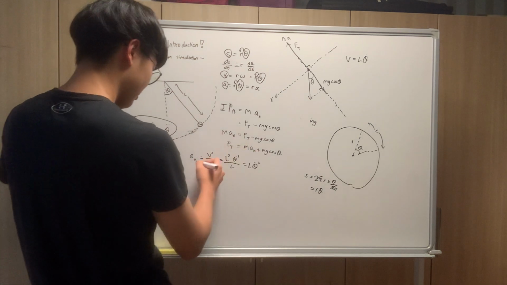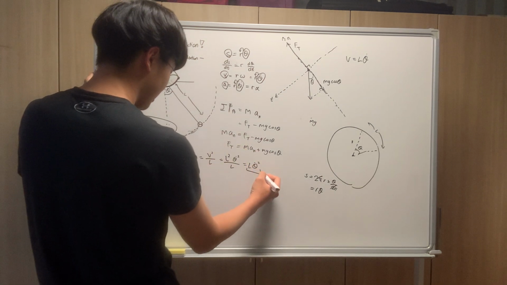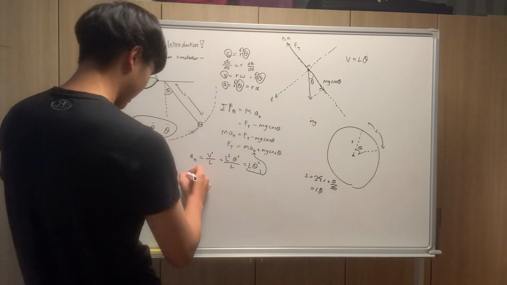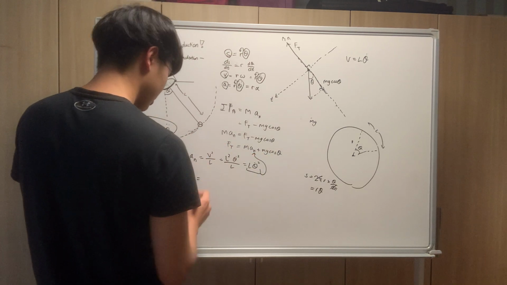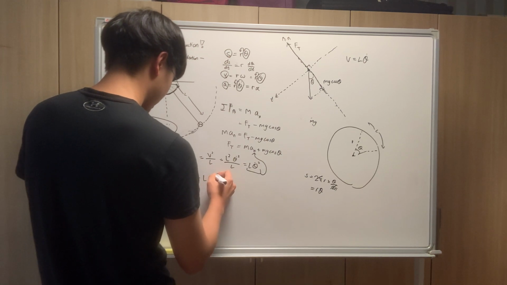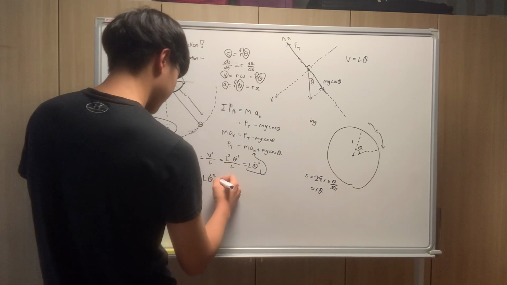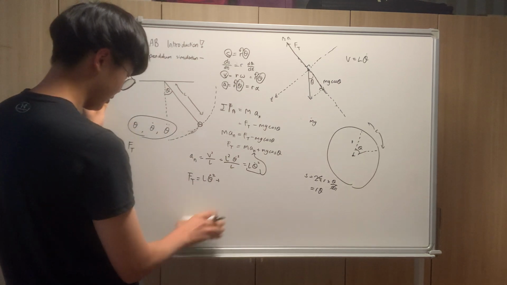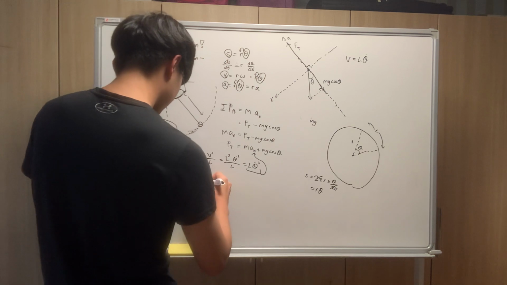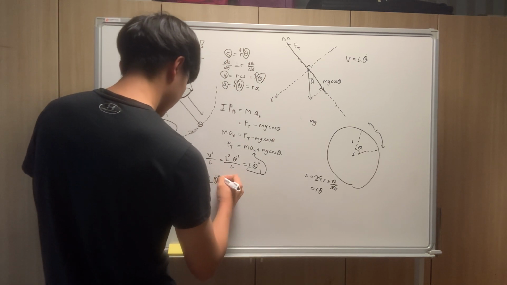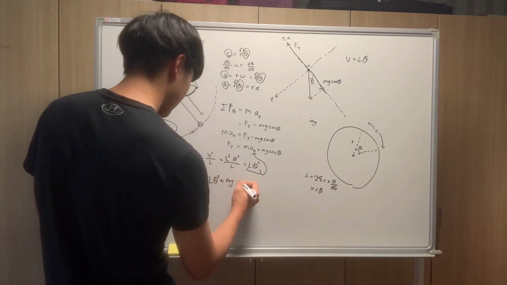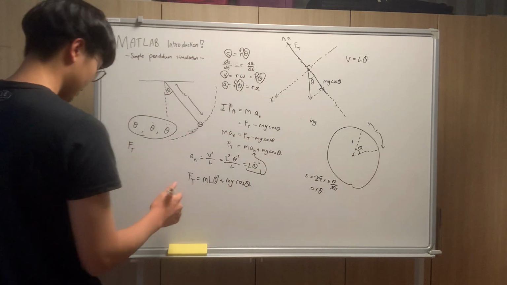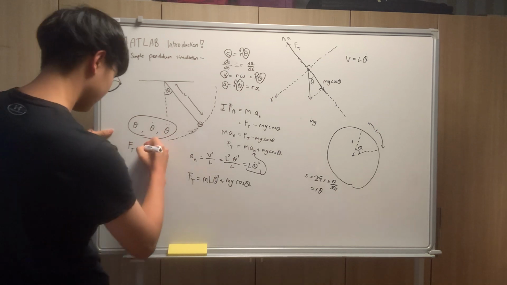And so when we substitute this value into our acceleration in the normal direction, we get Ft is equal to m times L theta dot squared plus mg cosine of theta. That's our tension. So let's write that down here.